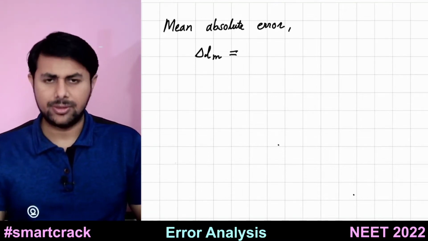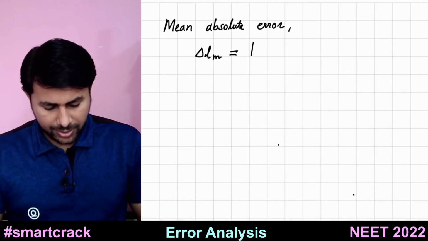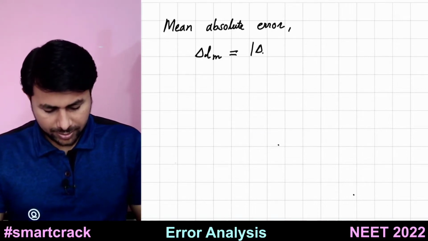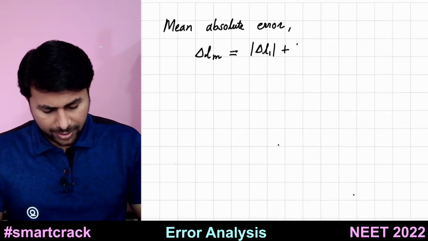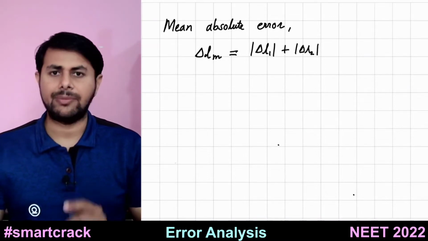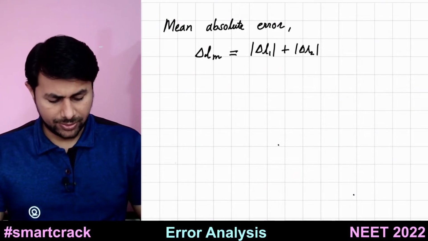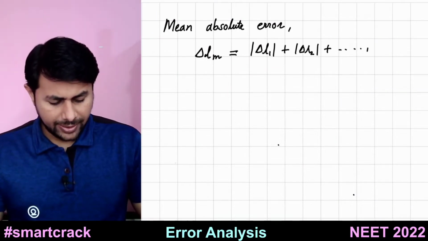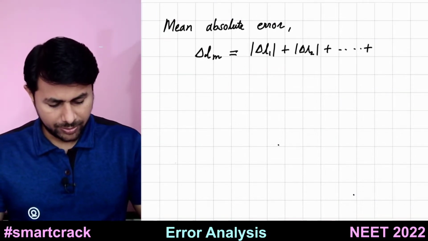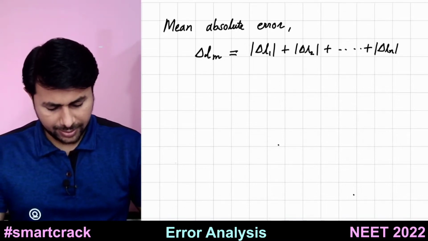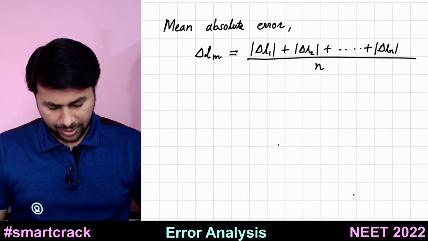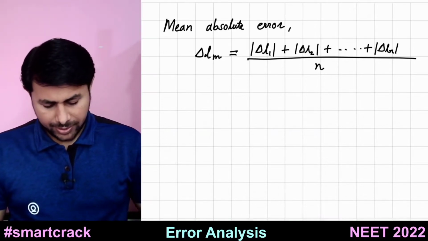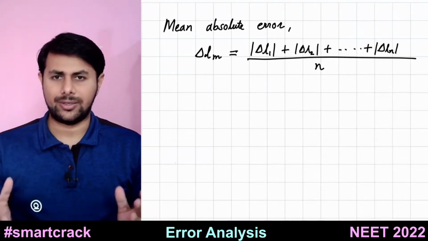It's equal to the sum of all the absolute errors: delta L1 is the absolute error in the first measurement, delta L2 is the absolute error in the second measurement, and so on up to delta Ln, and again we divide by the number of measurements. This is how we find the mean absolute error.